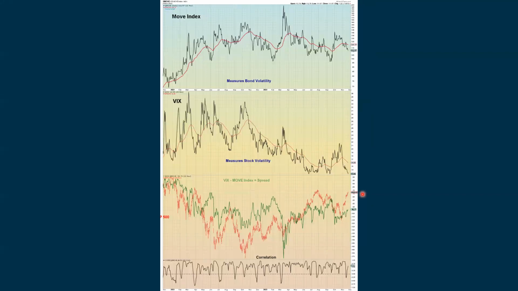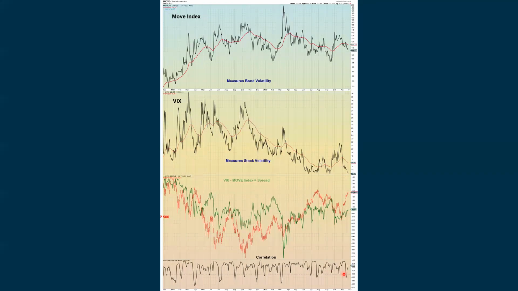Then we keep an eye on the MOVE index, which measures the volatility of bonds. And then in the middle area, we watch the VIX, which measures the volatility of stocks. And then down below, I have a very simple study. We have the S&P 500 in red, and then the spread between the VIX, and I subtract the MOVE index to kind of give us an idea of what is the overall direction. But what I pay most attention to is at the bottom.